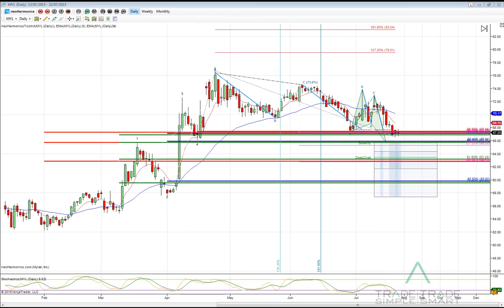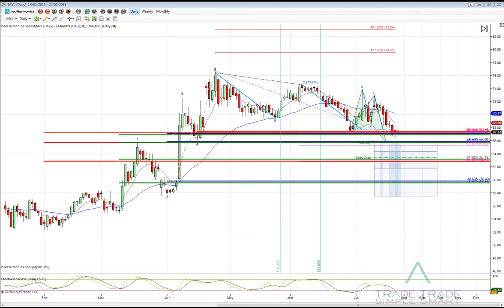As the market is currently trading around 67.23, if the market was to reverse from this point, we'll be looking at a target zone of 79.51 for the 1.272 and the 83.04 area for the 1.618 target zone.